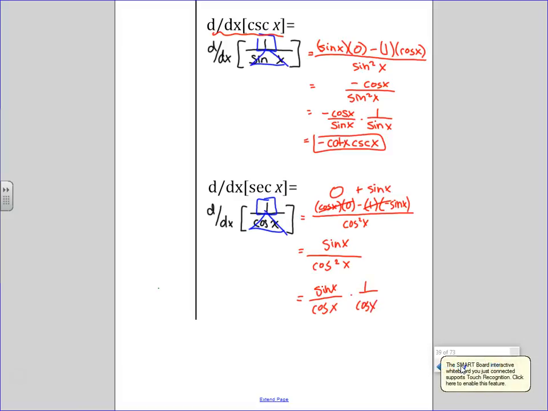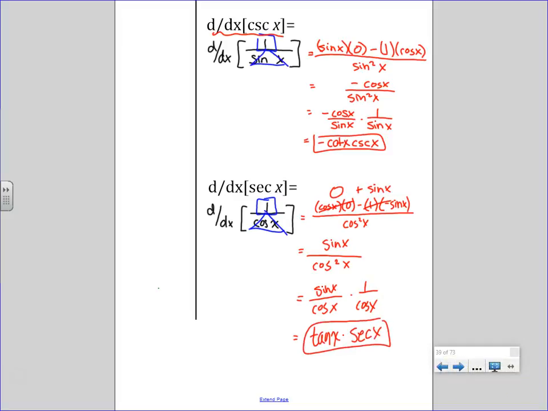Who's sine over cosine? Tangent. And who's 1 over cosine? Secant. Interesting, and it ended up being positive, yeah? Do you notice that the C one has a negative again? For cosecant, I have a cotangent and a cosecant, and for secant, I have a tangent and a secant. I think there's a pattern yet again.